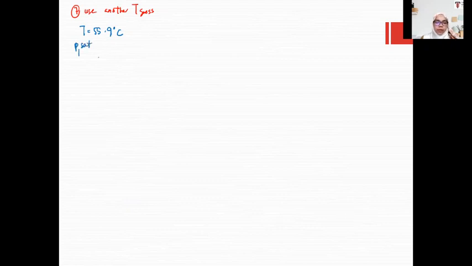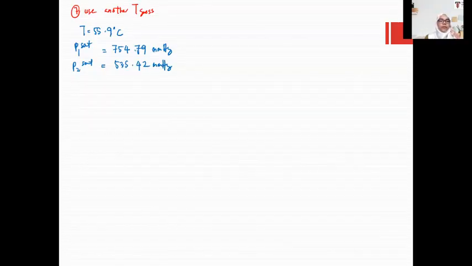You can determine P1 saturation by inserting into the unknown equation. It gives the value of 754.79 millimeter of mercury. And at the same time, you can determine the value of P2 saturation, which is 535.42 millimeter of mercury.